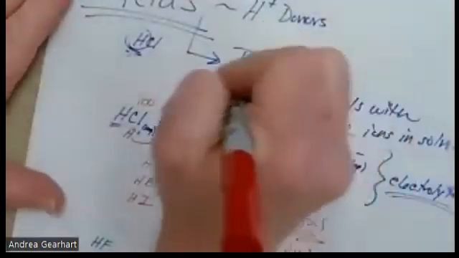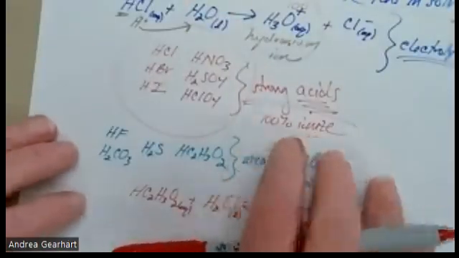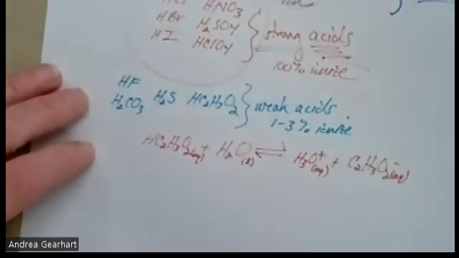So acids ionize, that is the chemical reaction to produce ions. Acids are giving away the hydrogen ion. There are different strengths: you're either all creating product or only a little bit creating product.